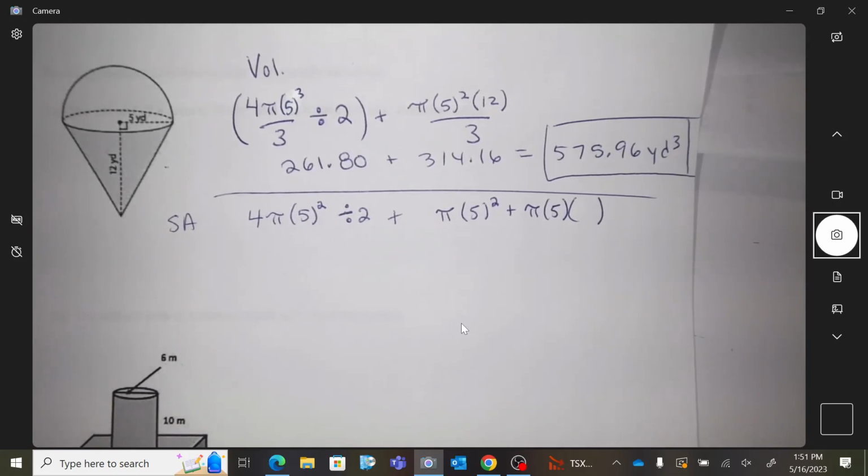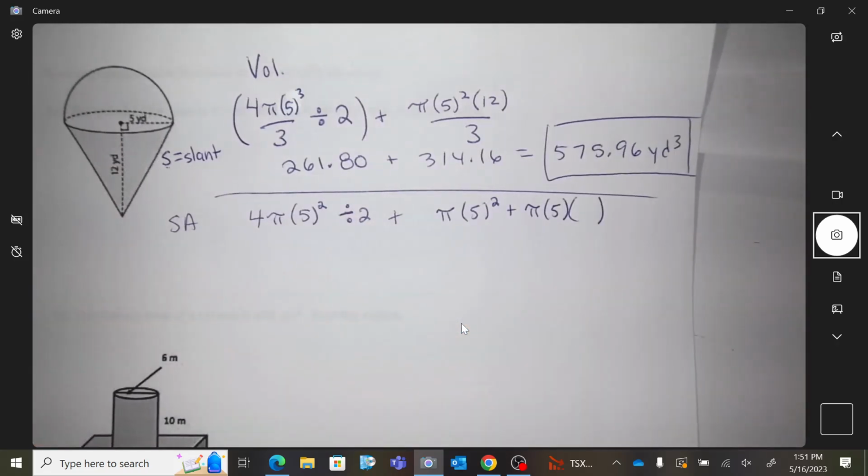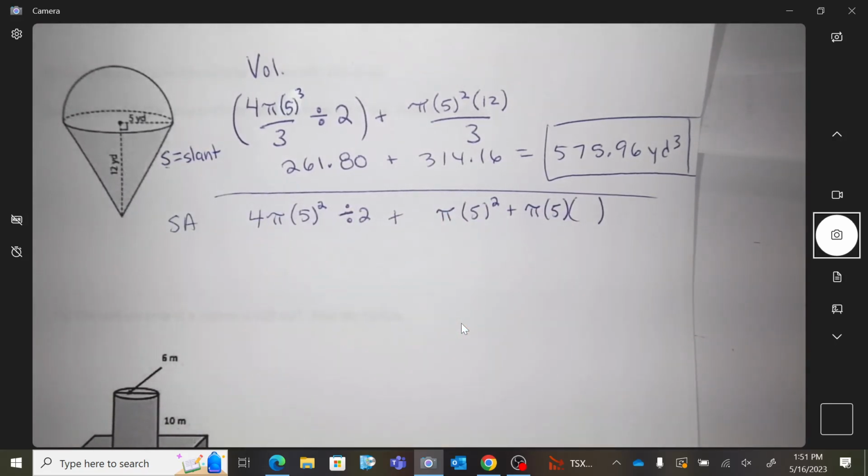I don't have that number. Okay, so the letter S in your formula is the slant. And your slant is this diagonal part. So you don't have that number, so you can't do the formula yet. Okay, can you get me the Pythagorean number on that?